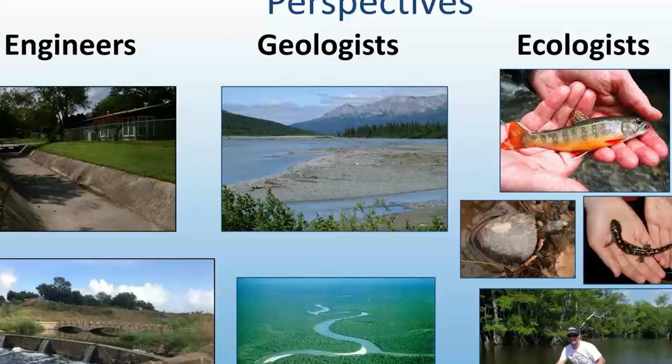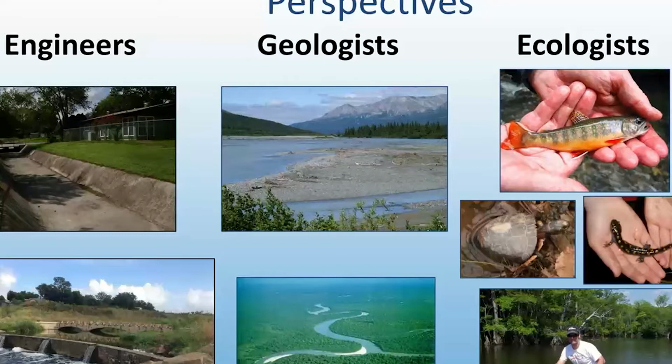And sediment and wood transport and storage are also functions of a stream, but again, not the only function. And then if you ask the ecologist what's a function of a stream, you're going to get a report on the life histories of aquatic organisms and their relationship to the habitats that they need to exist. They may talk about stream metabolism, nutrient cycling, and again, these life histories of organisms. And those are all functions of a stream as well.